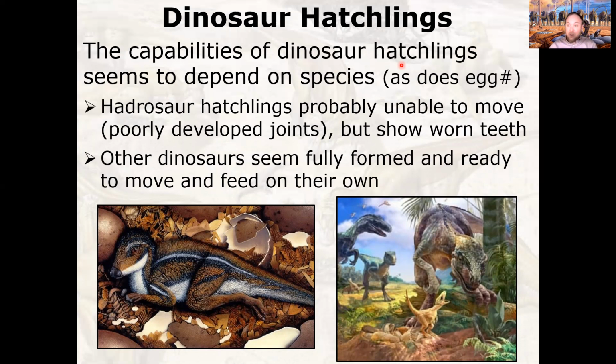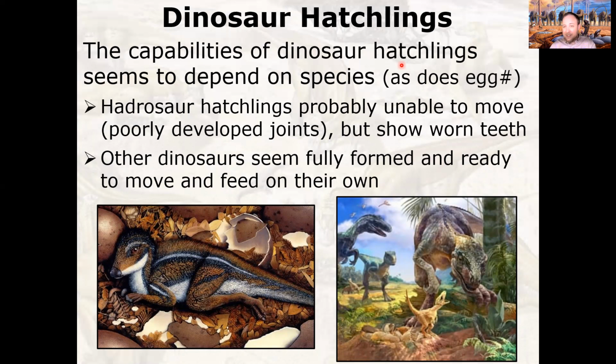And you've already seen all the variety of shapes and sizes, habitats, lifestyles, family structure, social structure, all these differences. So when you start asking questions about dinosaurs as a homogeneous group, it's kind of like asking questions about all reptiles as a homogeneous group or all mammals as a homogeneous group.